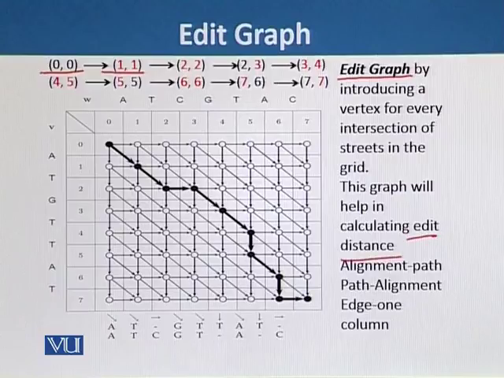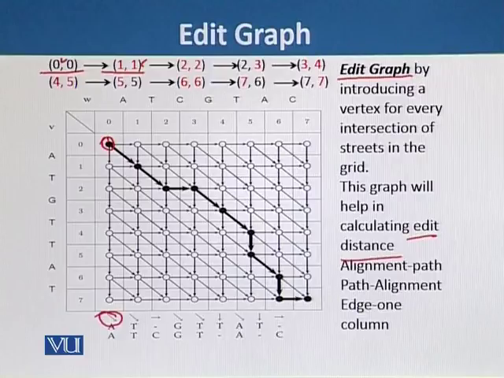We start from here, 0 0, and this is the value 0 0. The next value is 1 1, and we remember that whenever we have the same alphabets or the same numeric value, we will use the diagonal arrow.